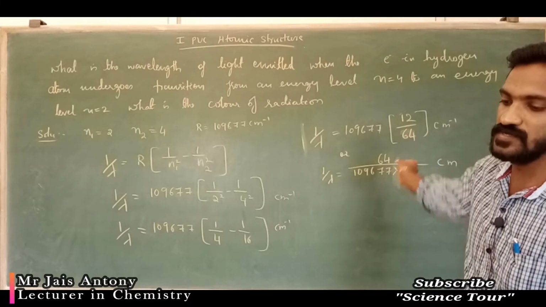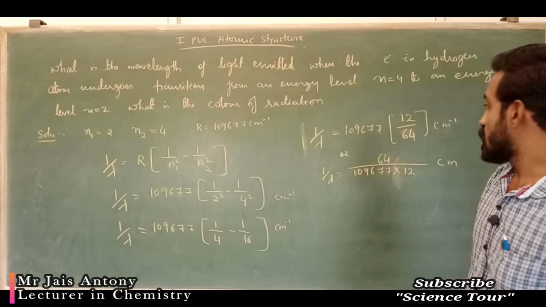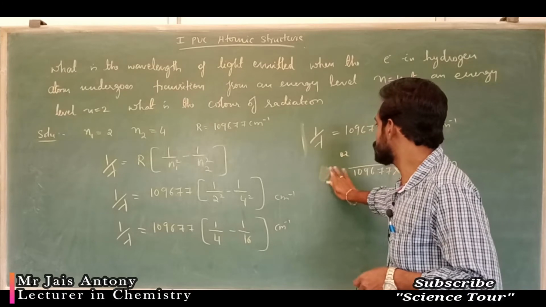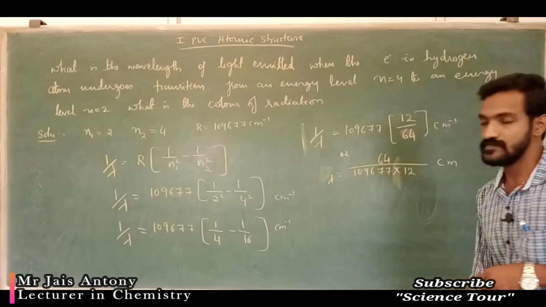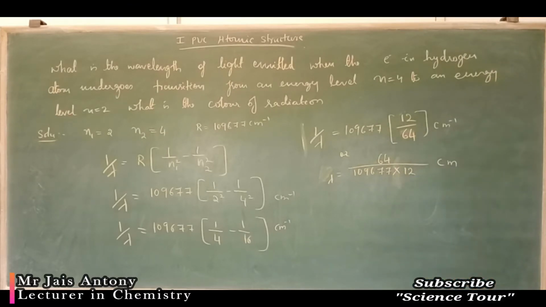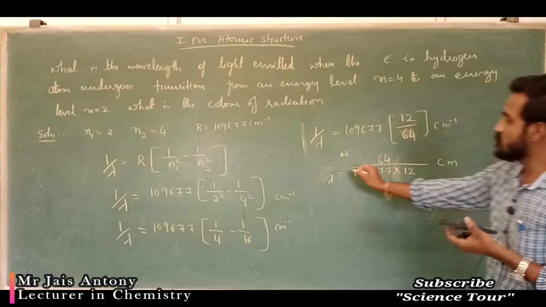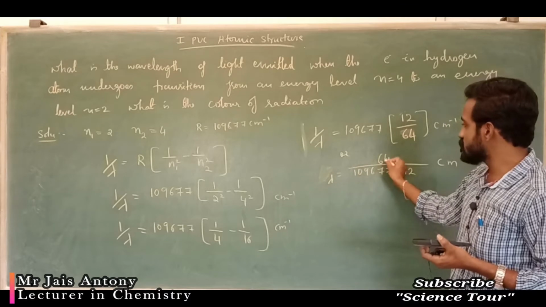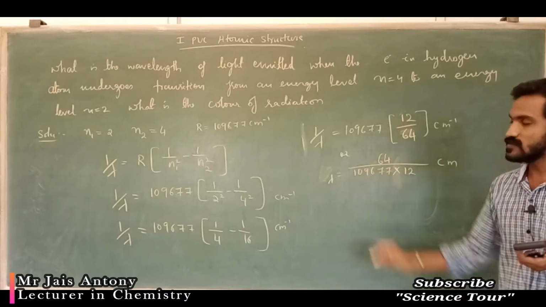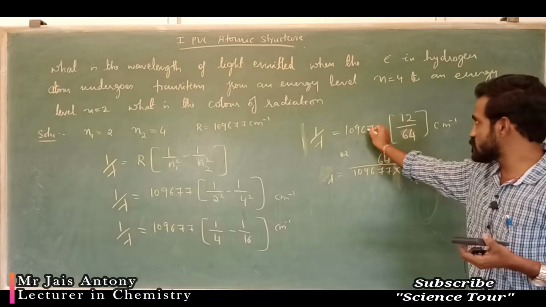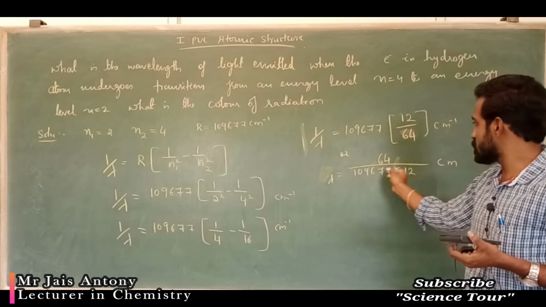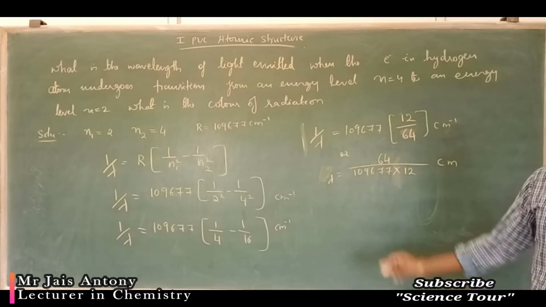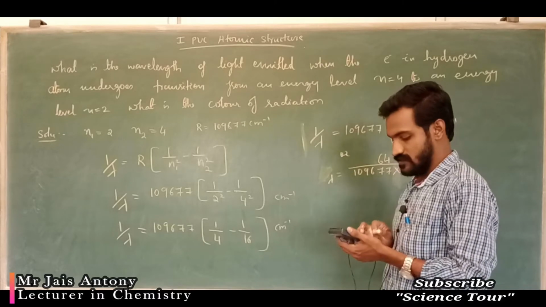Please note down, my dear students, you can write both ways. If you are writing like this, taking the inverse to this side, it becomes 64 divided by this particular value, and lambda is in centimeter. Understood?